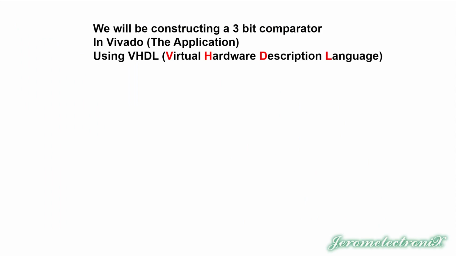We could construct an 8-bit comparator, so the comparator could do a byte. That's a lot of redundancy, and I think my students can learn just as much by just doing a 3-bit comparator and saving time. We will be constructing this 3-bit comparator in Vivado, the application, using VHDL, Virtual Hardware Description Language.